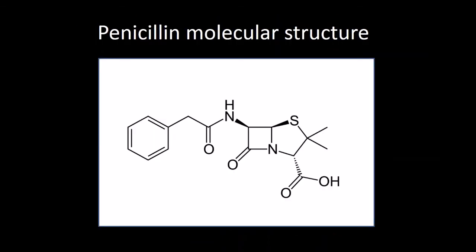This is the actual structure of penicillin. This part right here is the unstable part. It has this four-membered ring. This is an electrophile right here. The way it works to kill a cell is this reactive carbon here will actually become bonded to the enzyme that builds the cell wall.